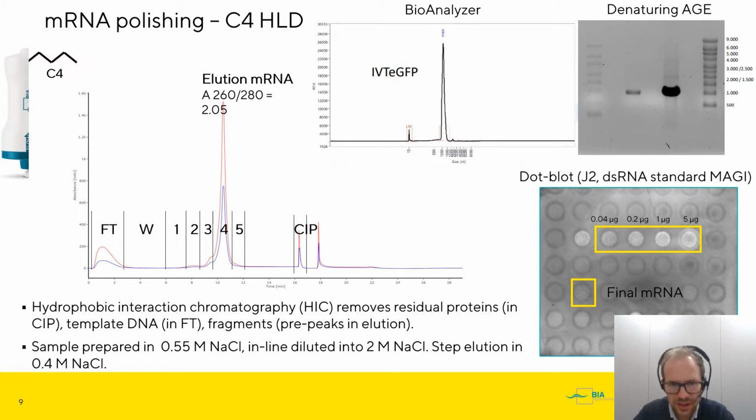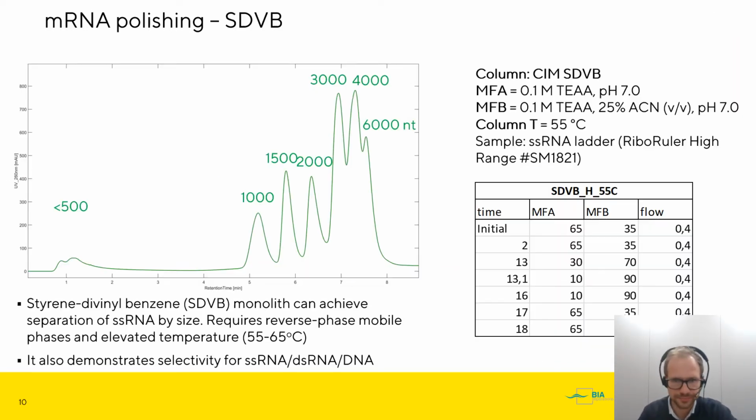And as we can see here, applying this polishing step in sequence after oligo DT purification, we can achieve very high purity of mRNA, in this case EGFP, which is approximately 1000 nucleotide long mRNA.